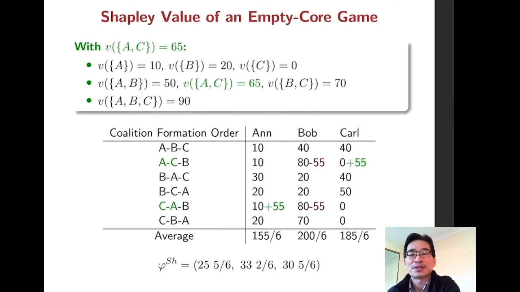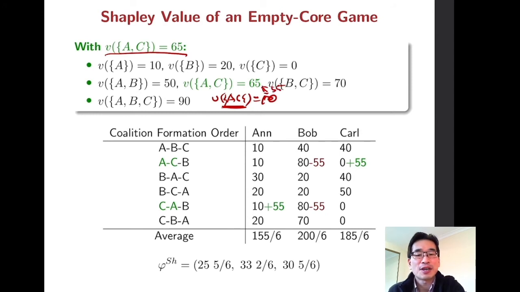So in the previous quiz, we considered the value of AC being 65, and let's do the same exercise. Previously, V of AC was 10. Now A and C generate more, by 55.